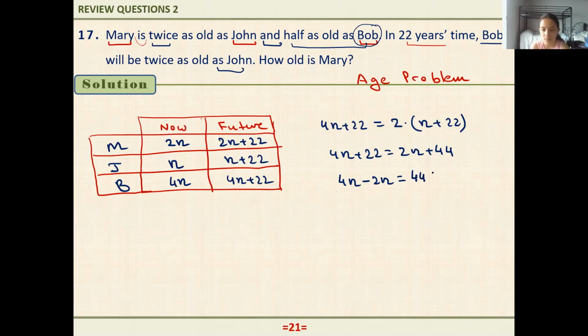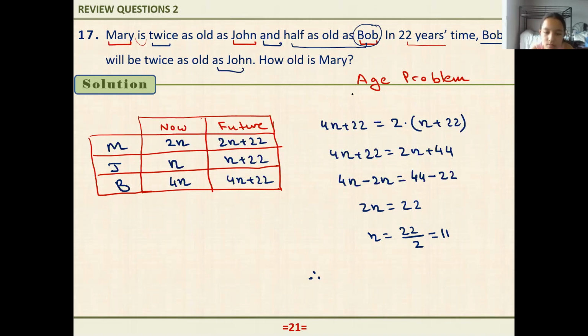Take 22 to the right-hand side, minus 22. 4n minus 2n is 2n. 2n equals 44 minus 22, which is 22. Now n is equal to 22 over 2, which is 11. Okay, so now we need to answer the question.